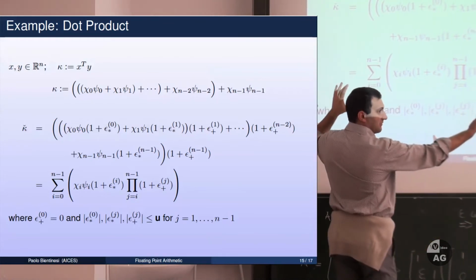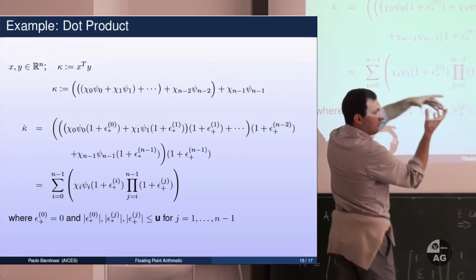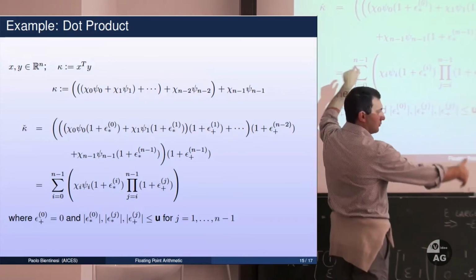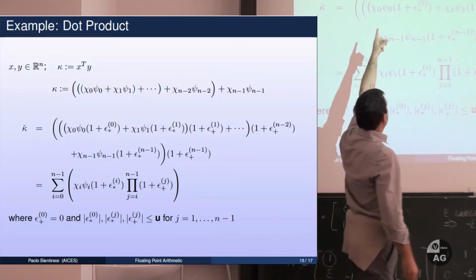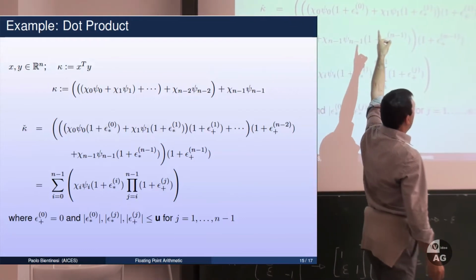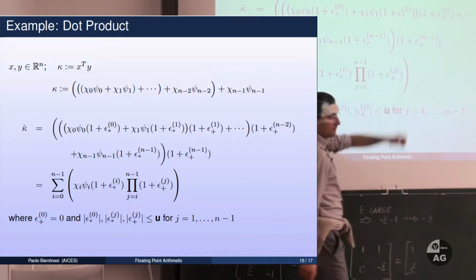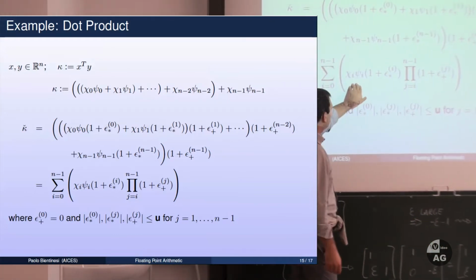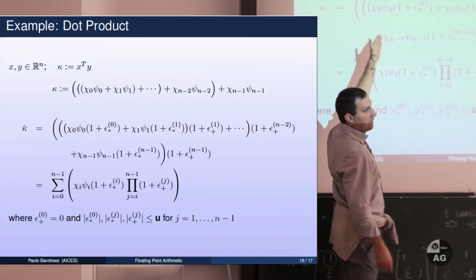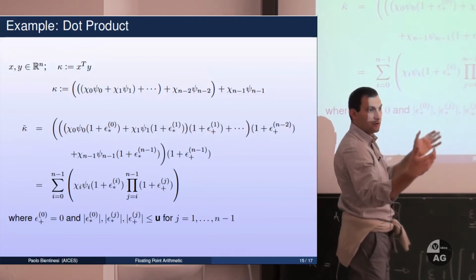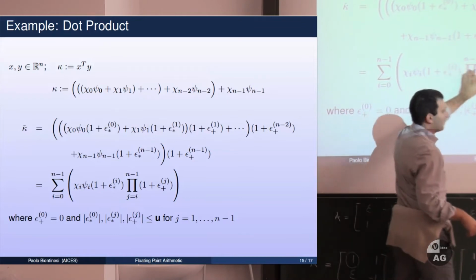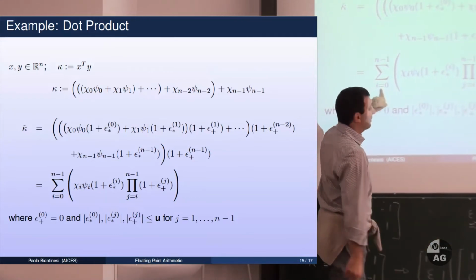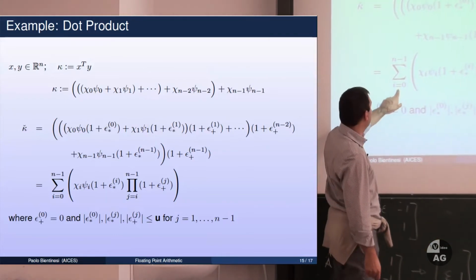X transpose is a row vector, y is a column vector, and I'm just performing an inner product. So I spell out the operation up there. Down here, I show how these 1 plus epsilon error terms actually show up and gather together. And down here, I represent the final result.